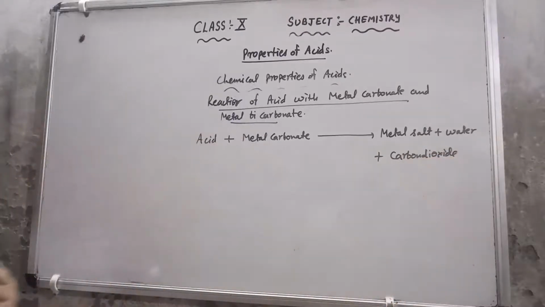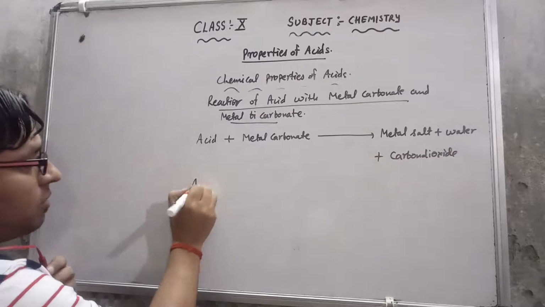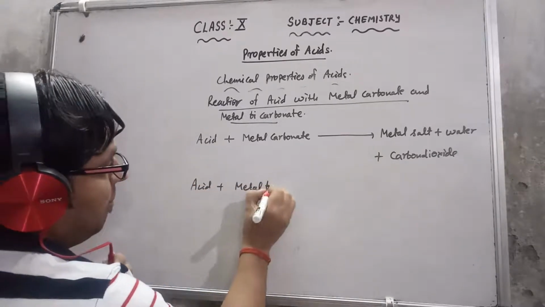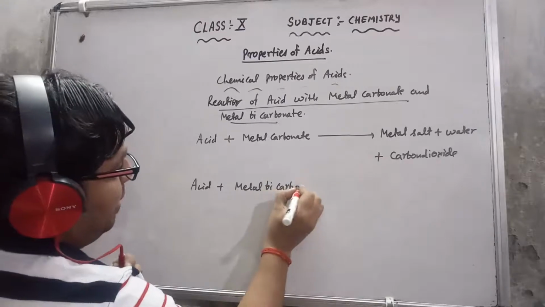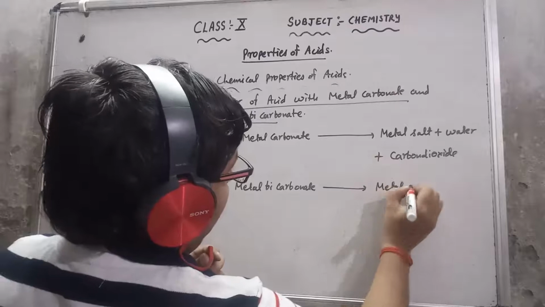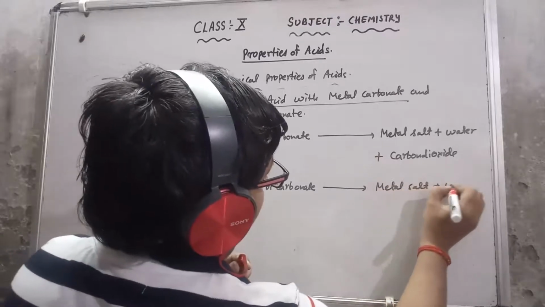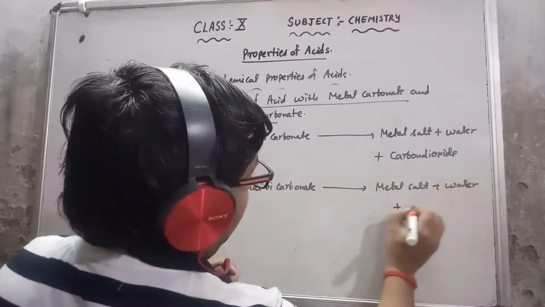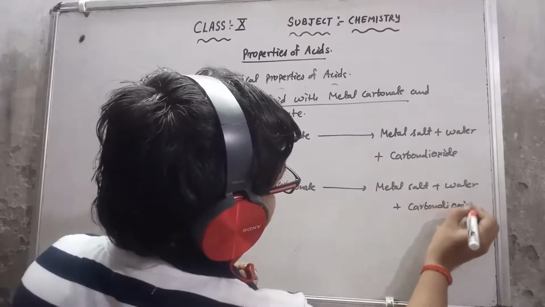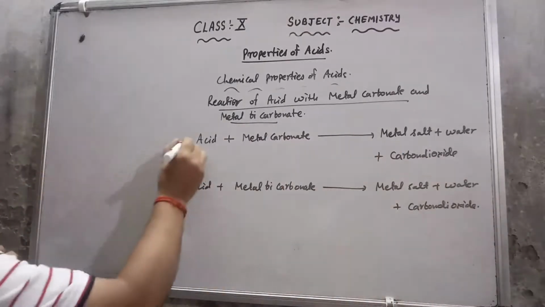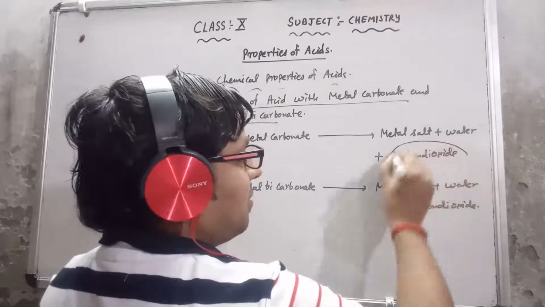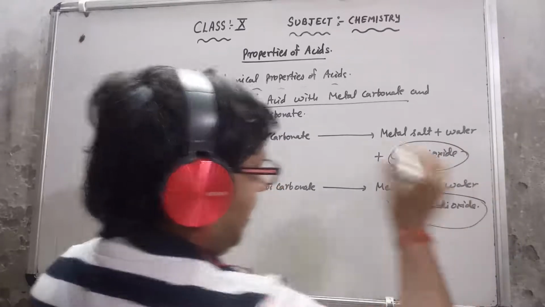The same happens when acid reacts with metal bicarbonate: it also gives us metal salt, water molecule, and carbon dioxide gas. So both give us the same products. The gas which is released is carbon dioxide. This is the main point here.